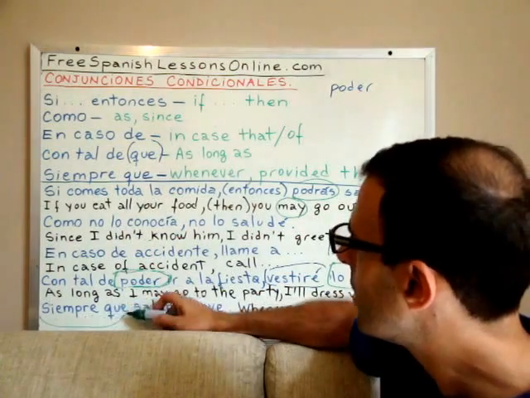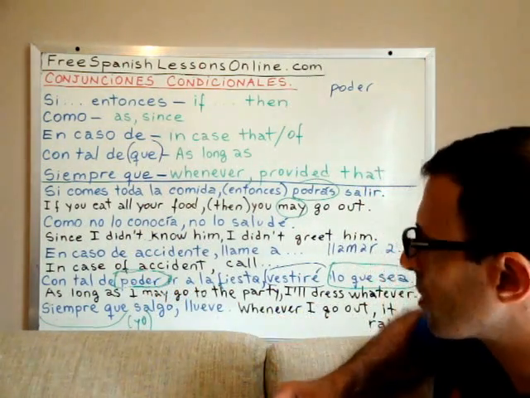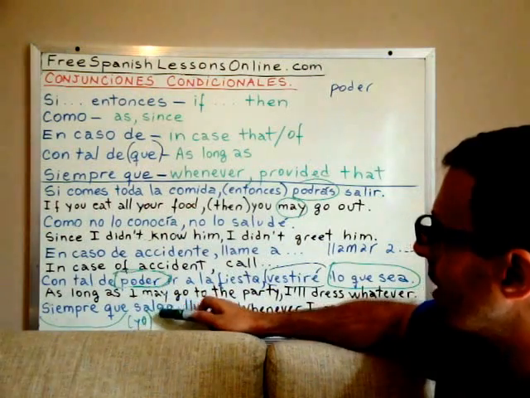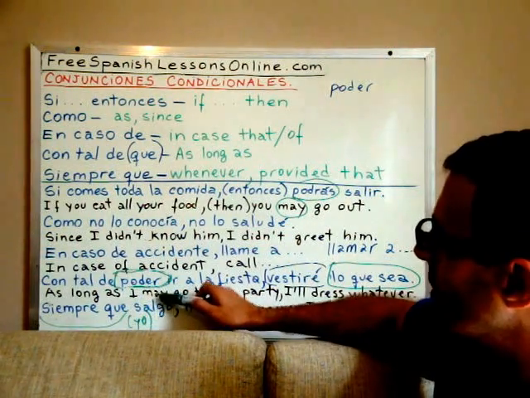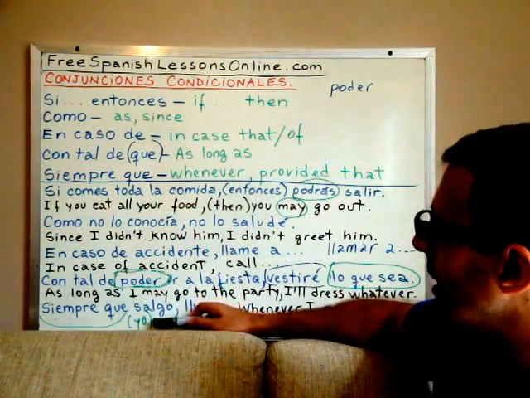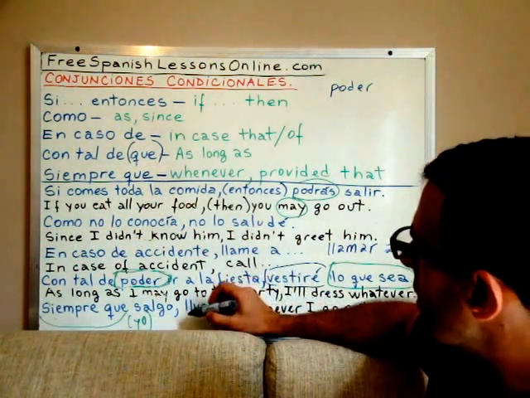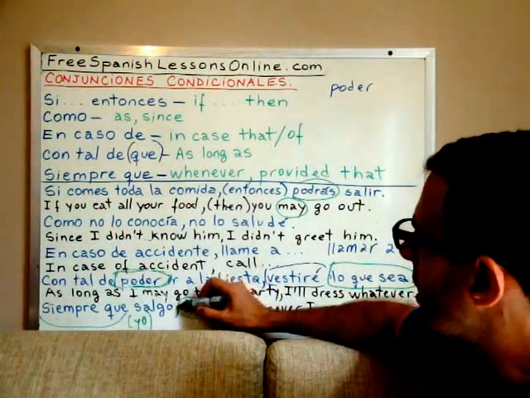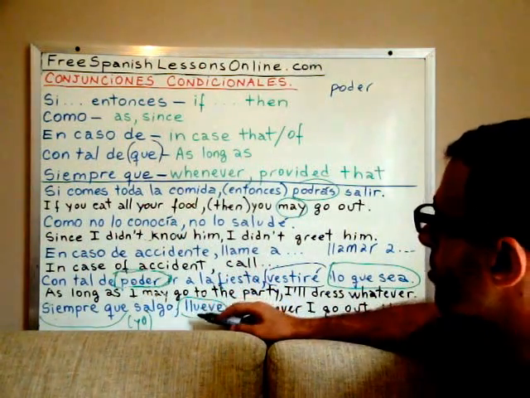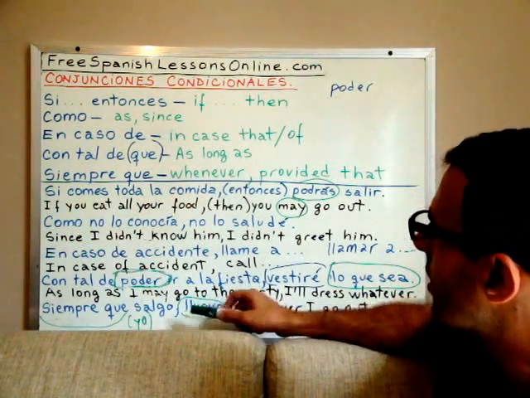So, siempre que, here what is implied is the subject pronoun I, right? Because I can look at the conjugation of the verb salir, to go out, and I can see it's conjugated for I. And llueve, it is the subject pronoun it that is implied, okay? It rains.